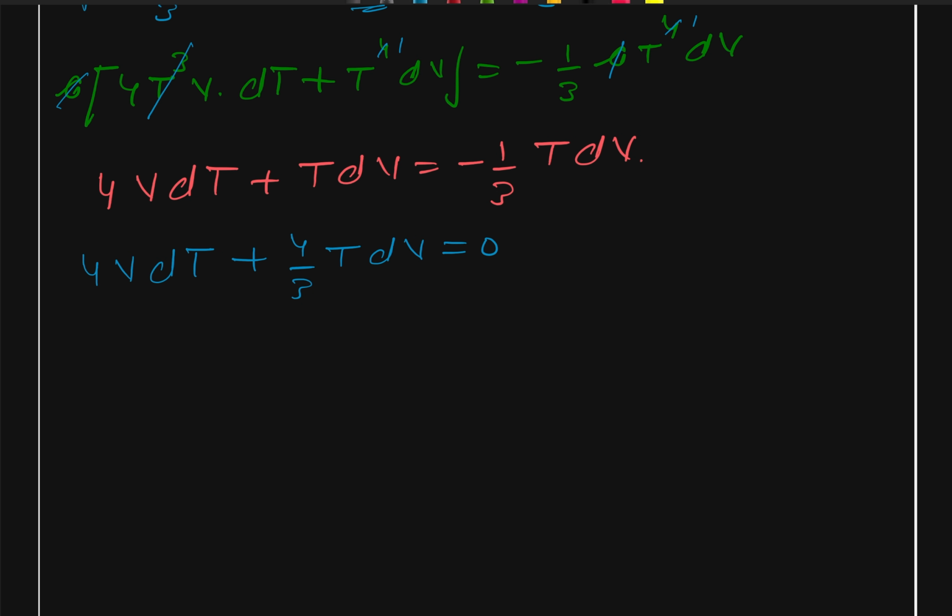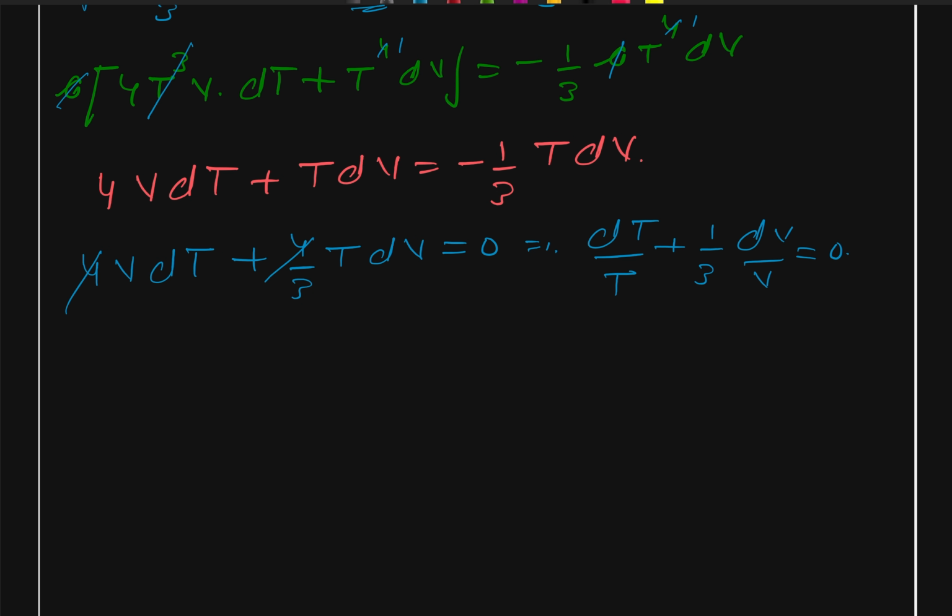We can just separate the variables because 4 cannot be equal to 0. We can just ignore it, and from here we get dT by T plus 1 by 3 dV by V is equal to 0.